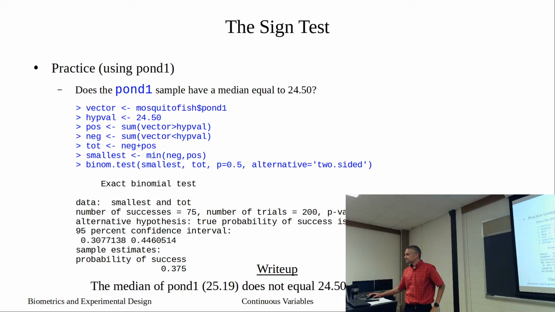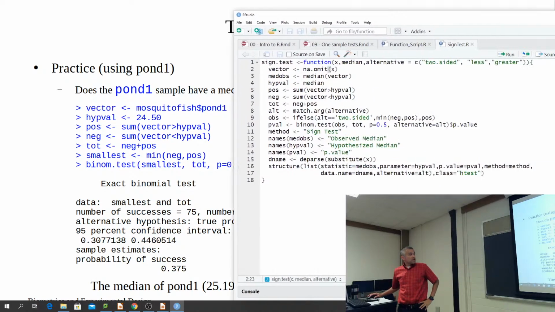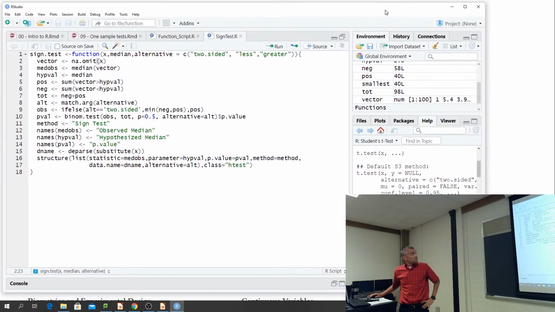All right. So I've updated the function. So I've updated the signTest.r that's in Blackboard. I replaced it. I forgot, I don't have the NA checking ability.